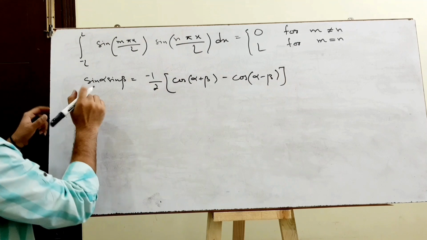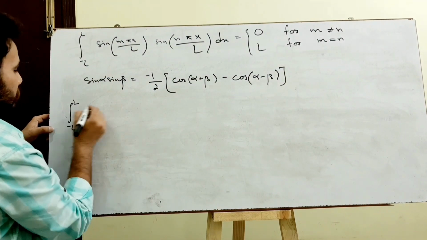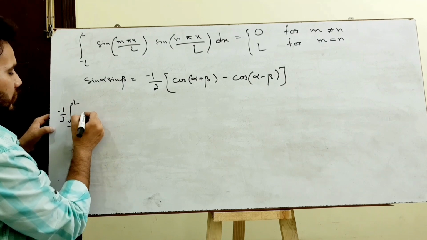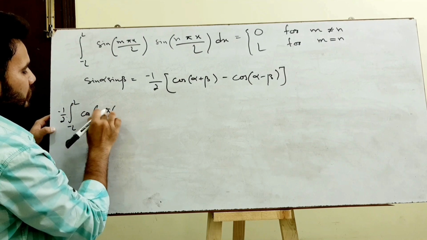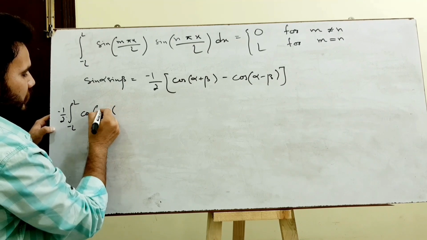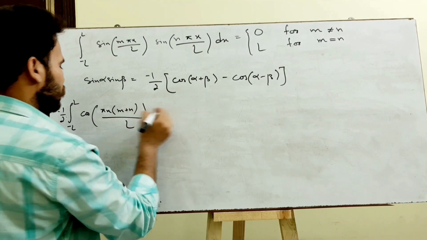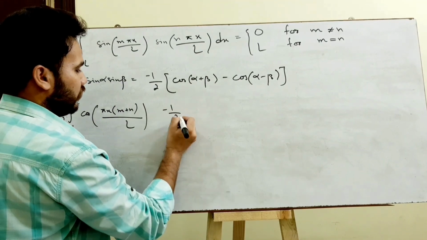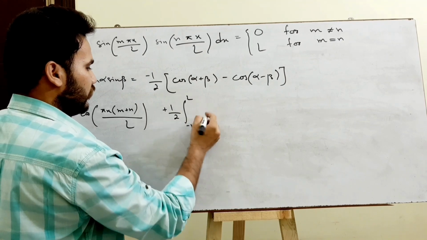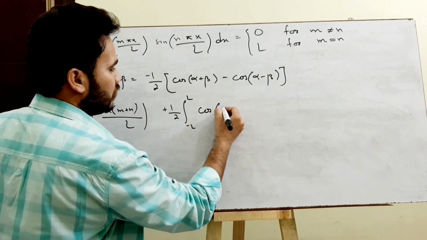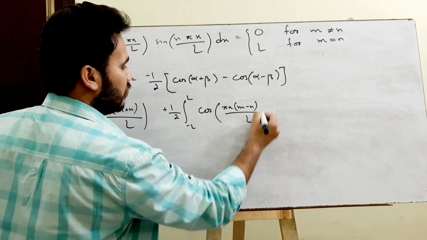Using this identity, this will be the integral from negative L to positive L of negative 1/2 cosine pi x (m plus n) over L, minus negative 1/2, positive, integral from negative L to positive L of cosine pi x (m minus n) over L dx.